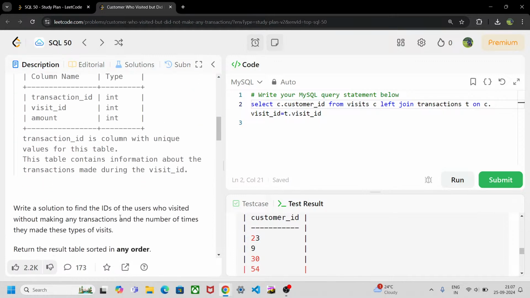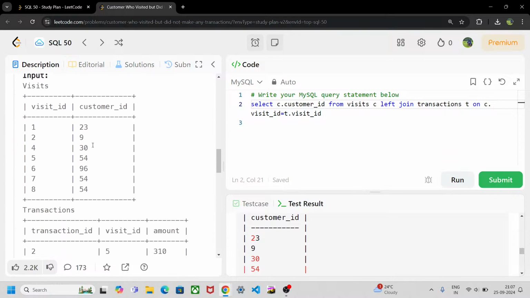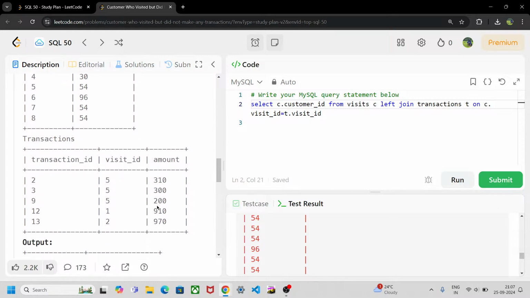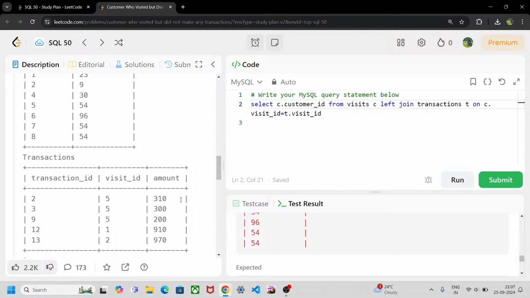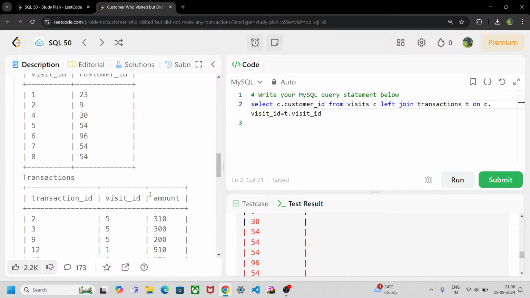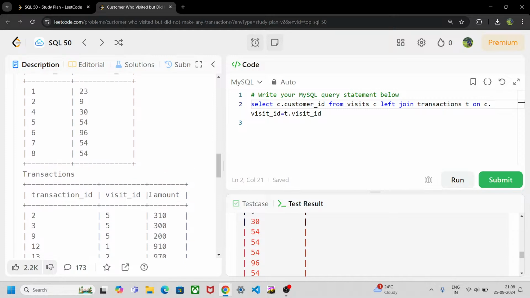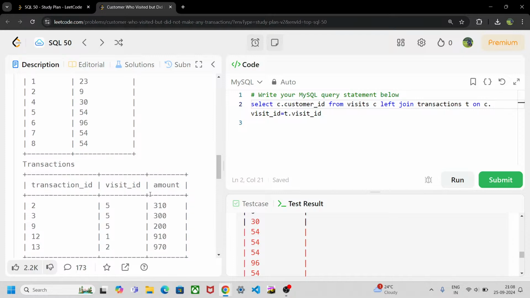Let's see: 23, then 30, then 54 54 54, thrice 54, then 96, and again 54 54 it is taking. So that is the reason we are getting 9 rows.